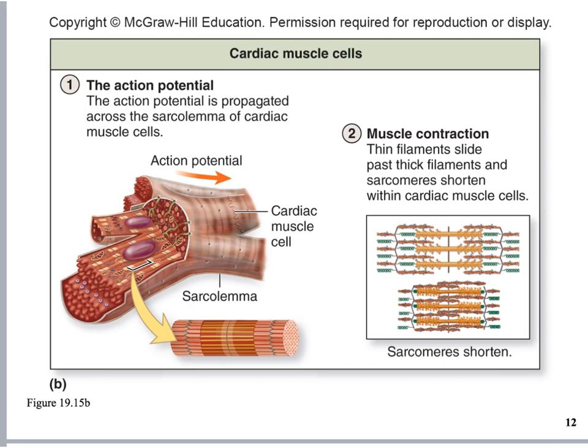So when you get a change in electrical impulse across the cardiac muscle cells, that initiates an action potential, and they start to contract, and sarcomeres shorten. So SA node fires, electrical impulse propagates, those atria then, the cardiac muscle cells within the atria contract to push blood into the ventricles.